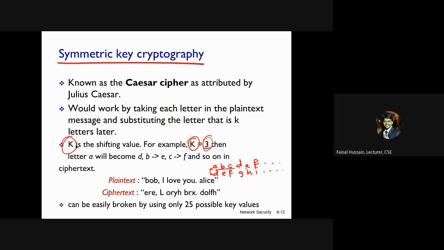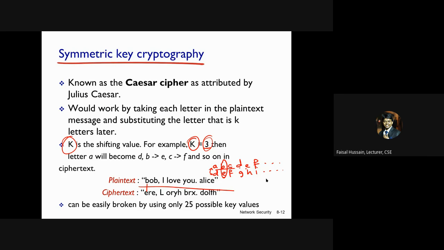So whenever you want to write "Bob, I love you, Alice," this will be converted here. B is converted to E, O is converted to R. If you just check, then you will see the result.